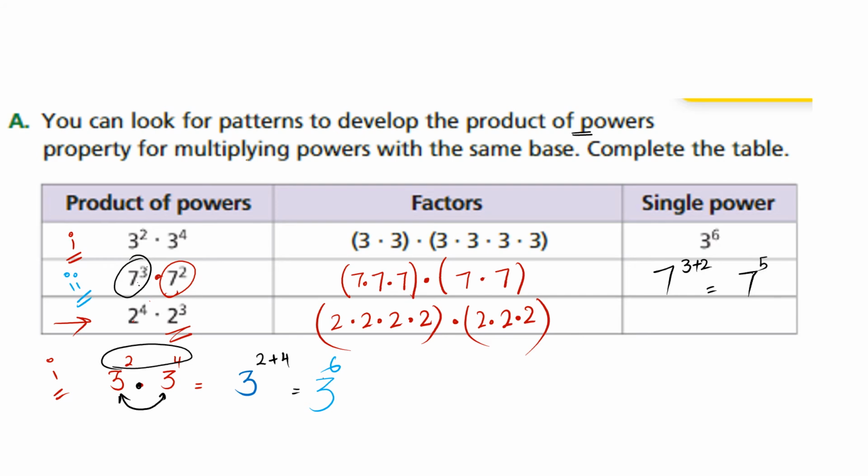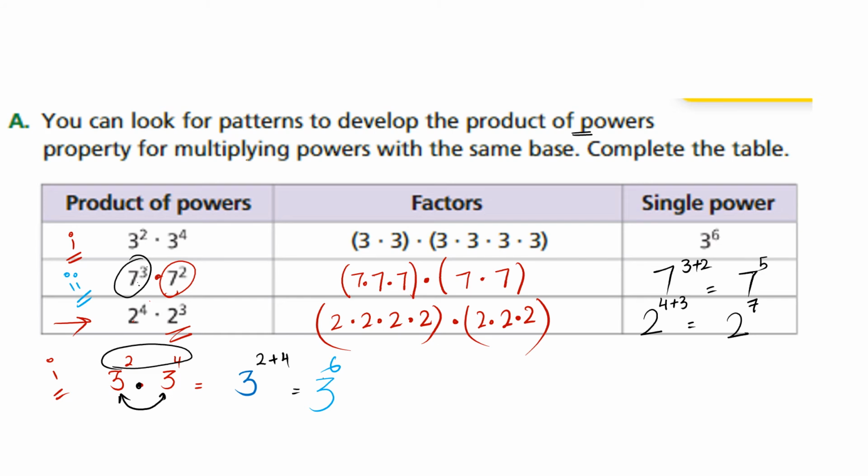Next question: 2 to the power of 4 times 2 to the power of 3. Both bases are 2. They are multiplying, so add the powers, 4 plus 3. Write the 2 as it is. 4 plus 3 gives me 7.